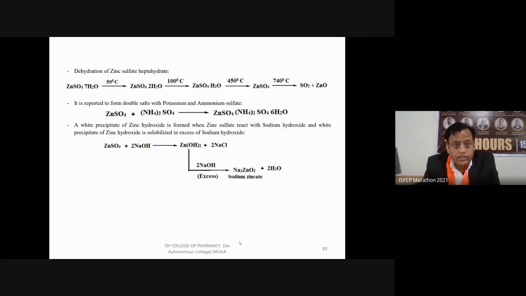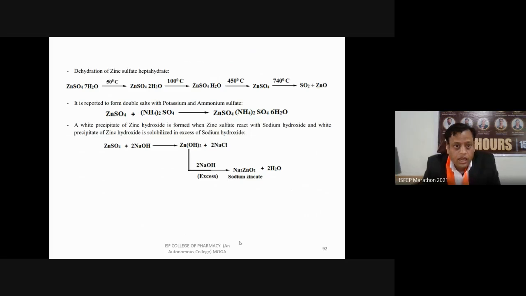Dehydration of zinc sulfate heptahydrate: it is dehydrated into zinc sulfate dihydrate at 50 degrees centigrade, and this is further dehydrated at 100 degrees centigrade into zinc sulfate monohydrate. The monohydrate is further dehydrated at 450 degrees centigrade into zinc sulfate, and further at 740 degrees centigrade into SO2 and zinc oxide. So these are the different steps of how zinc sulfate heptahydrate is dehydrated.